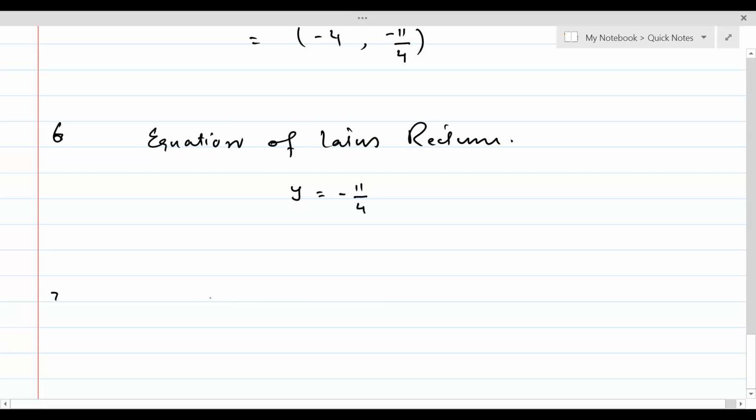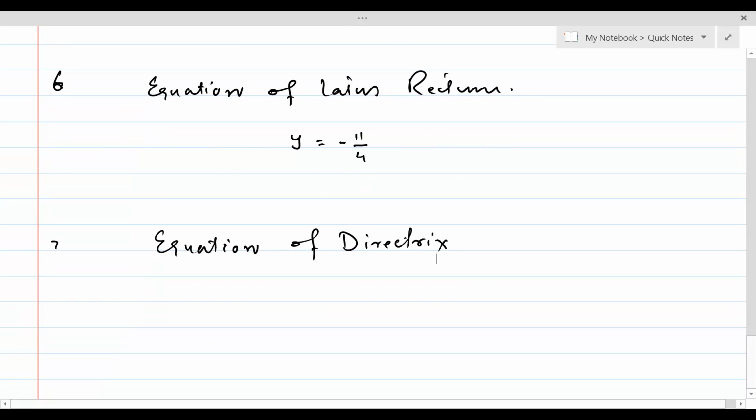Seventh, the equation of the directrix. The equation of the directrix is y equals the y coordinate of the vertex minus the focal length.